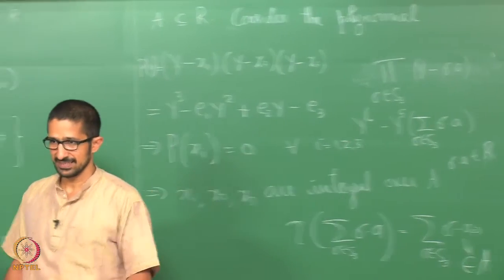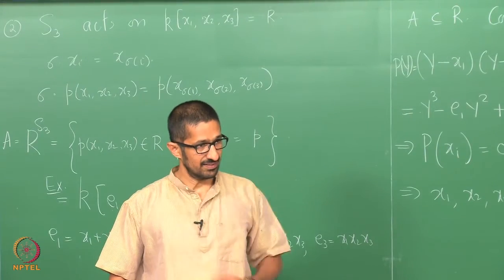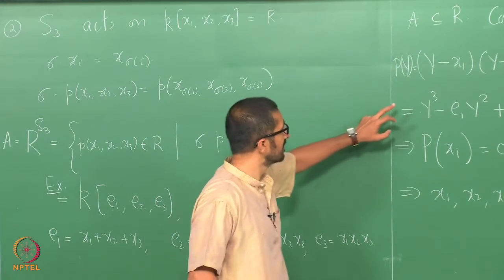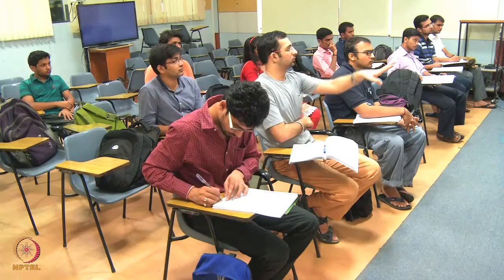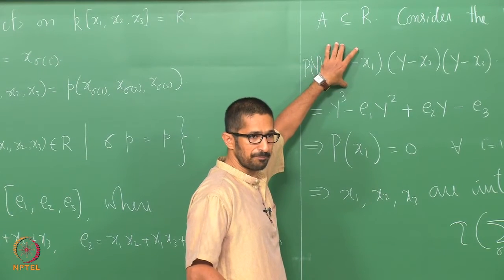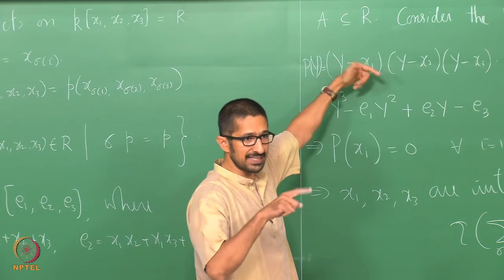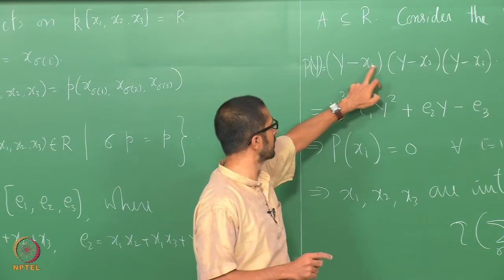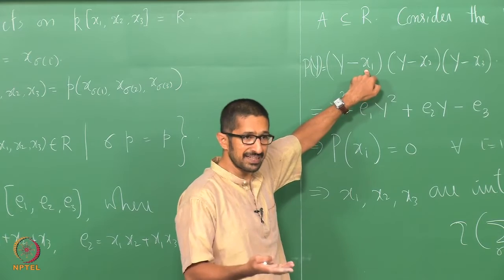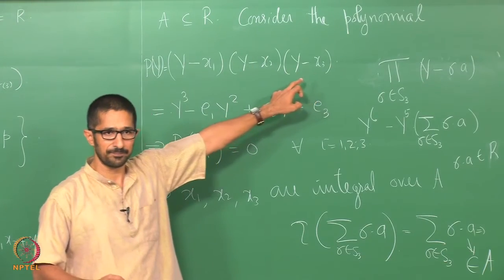Okay. So that means the polynomial you differentiate, not really a special case, this is a smaller polynomial in fact, because if I take, for example, sigma to be (2 3) and apply on x1, it will remain x1. So if I take this one, this will be squared.